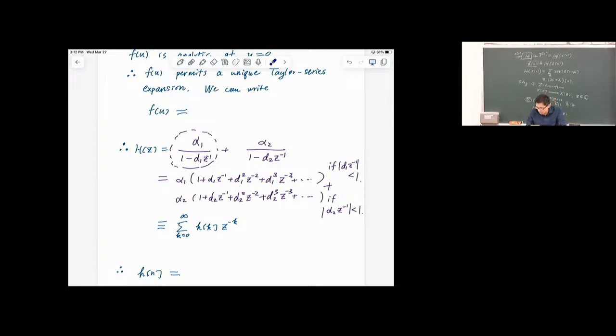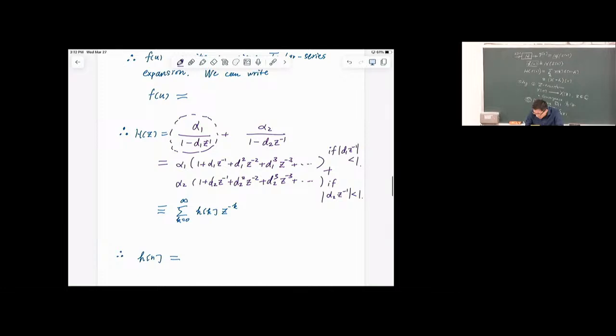So this implies that h of n for every n here. Sorry for the delay, I want to finish right here. It means that h of 0 is equal to alpha 1 plus alpha 2. And h of 1 is equal to the sum of coefficients of the z inverse term.